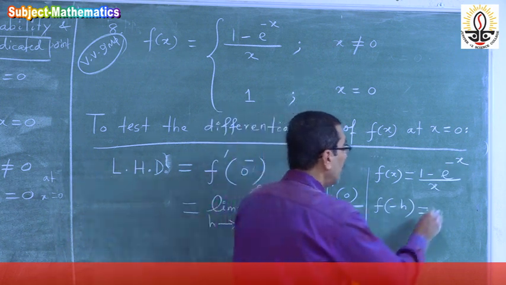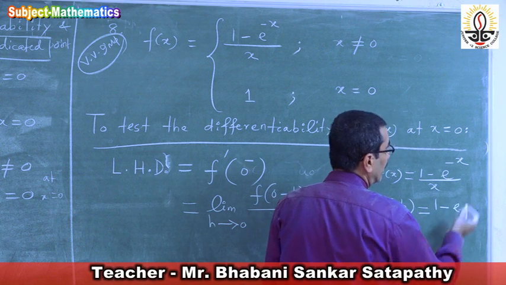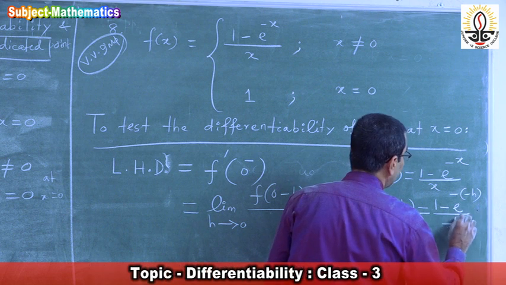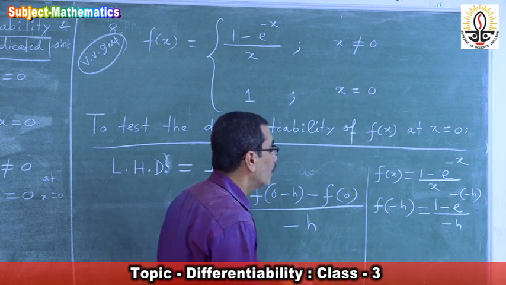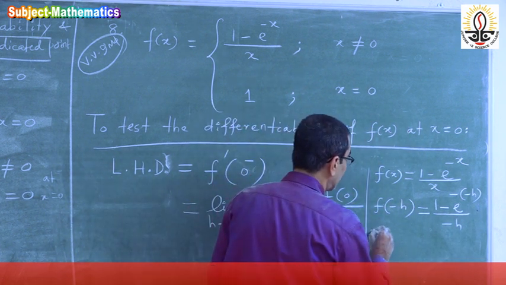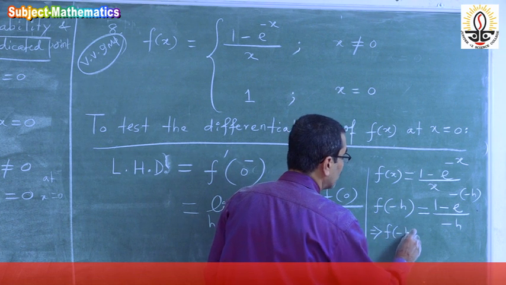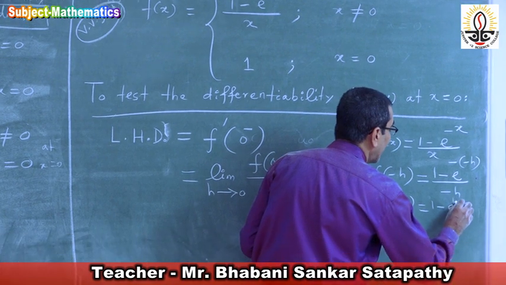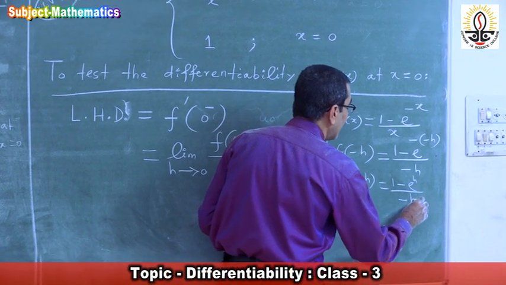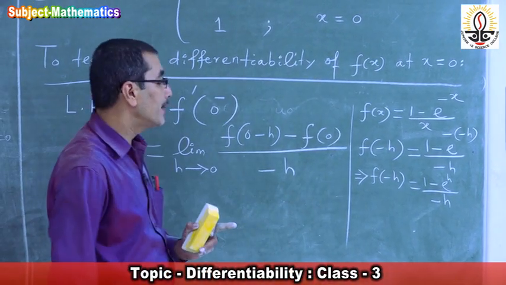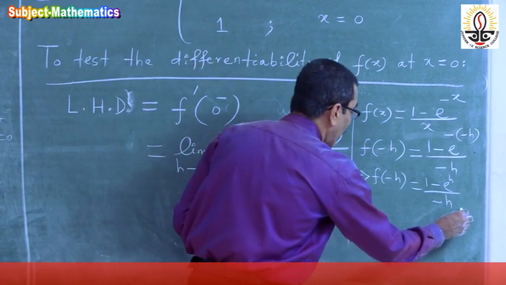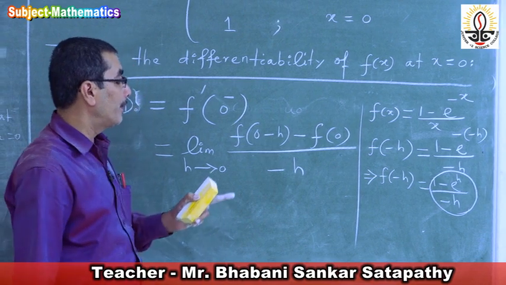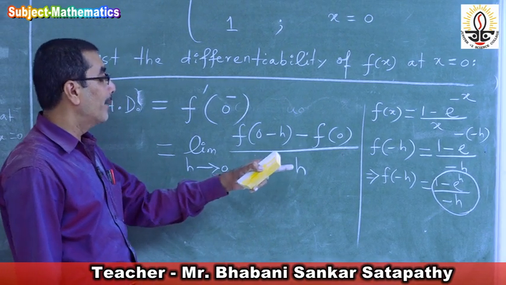So it will be 1 minus e to the power minus of minus h divided by minus h. So f of minus h is equal to 1 minus e to the power h divided by minus h.